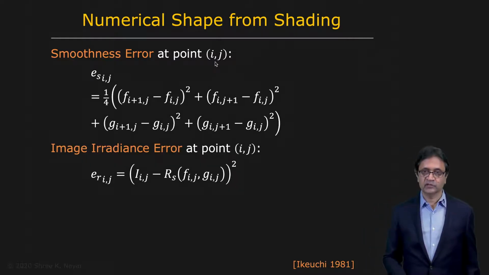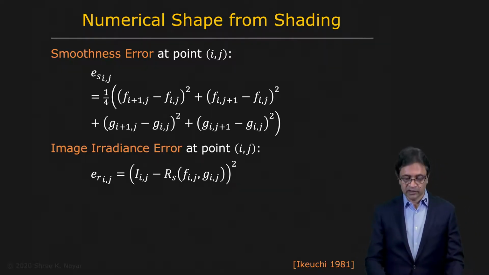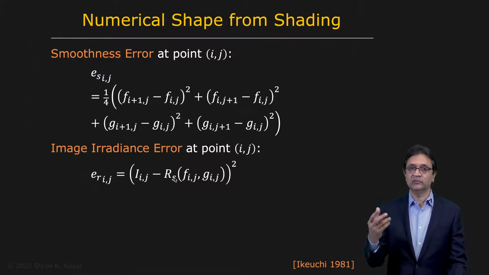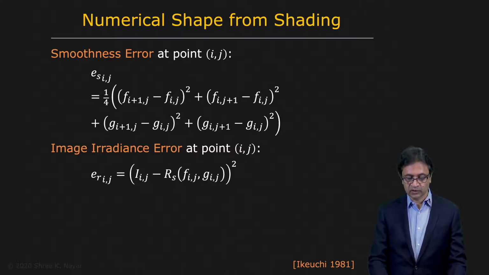And now we can do something similar with your image irradiance error. In that case, you have the image irradiance error Er_ij equal to the difference between the intensity you measured at that pixel, and let's imagine for now that you have computed f and g values of that pixel. If you plug that into the reflectance map, whatever intensity you get there, those two should be as small as possible.